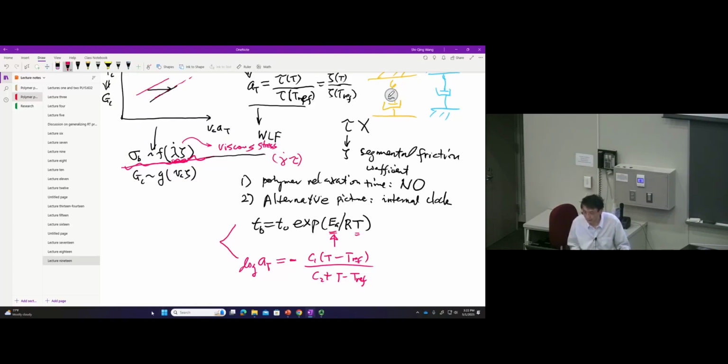So if you want to make a plot, let's say you do it as 1/T, then this relaxation time basically says the colder the temperature, the longer the relaxation time is. Whereas WLF typically will do something similarly. Okay.